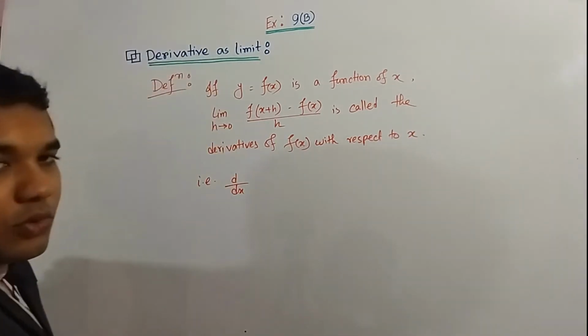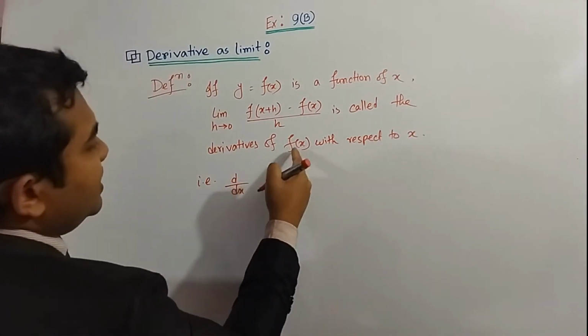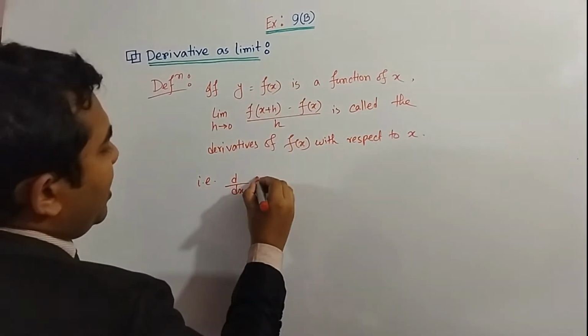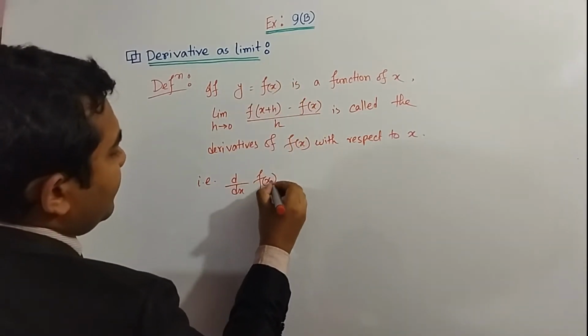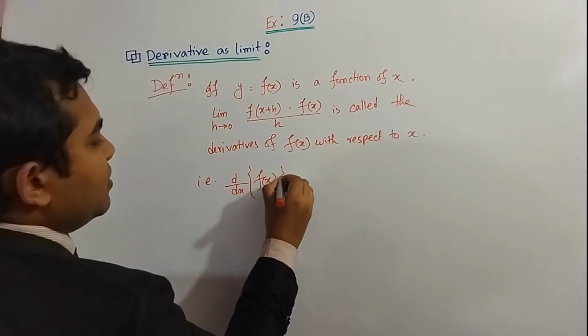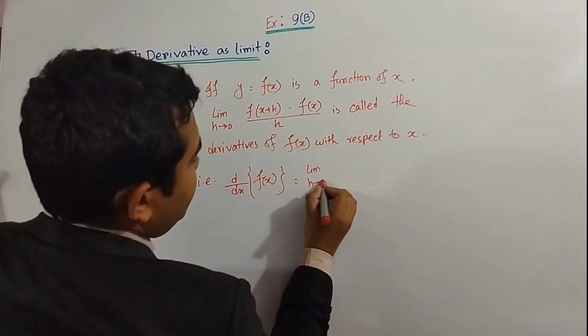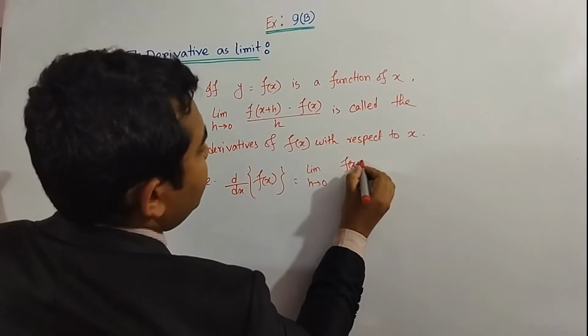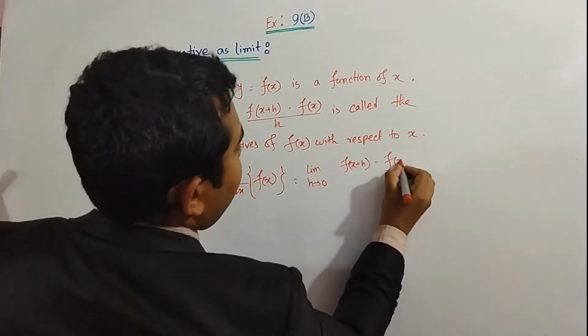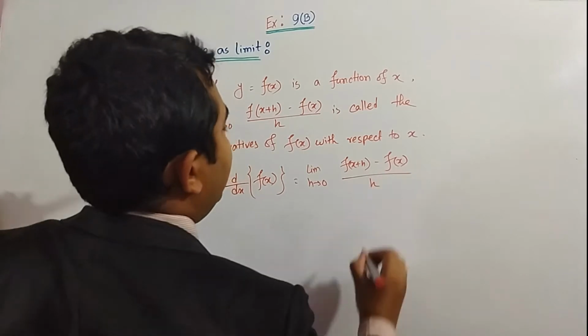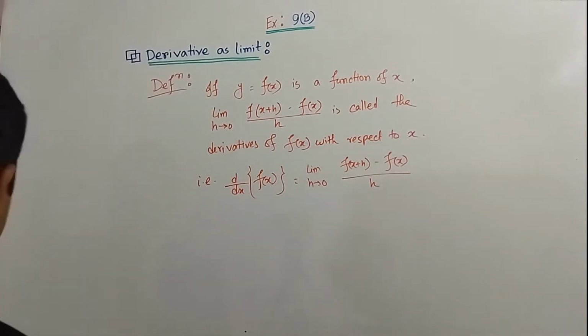So if we differentiate f of x, then we can write limit s tends to 0, f of x plus s minus f of x divided by s. So dear students, we can write this according to our definition.